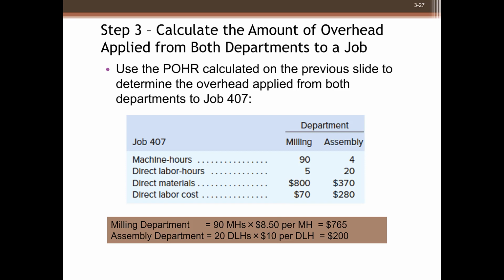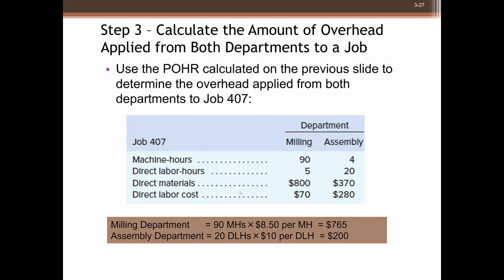So we will just use machine hours consumed by the milling department to calculate MO cost. Direct labor hours consumed by the milling department, 5, here is not relevant. For the assembly department, direct labor hours are the allocation base. We will just use 20 direct labor hours consumed by the assembly department to calculate MO cost. 4 machine hours here is not relevant.